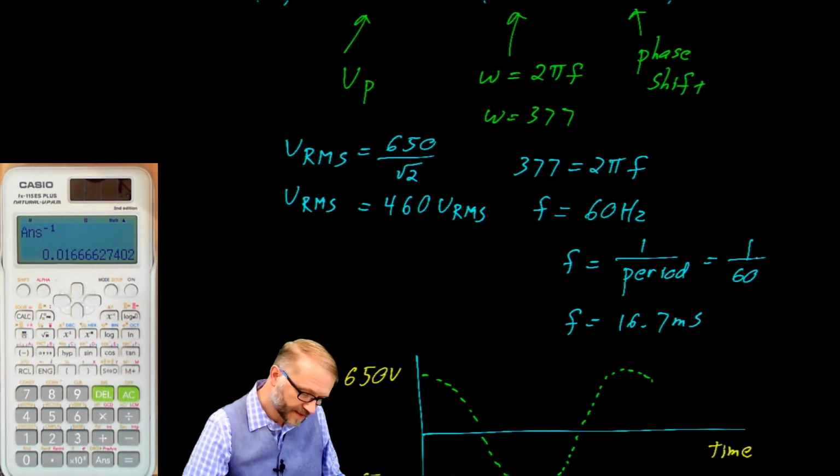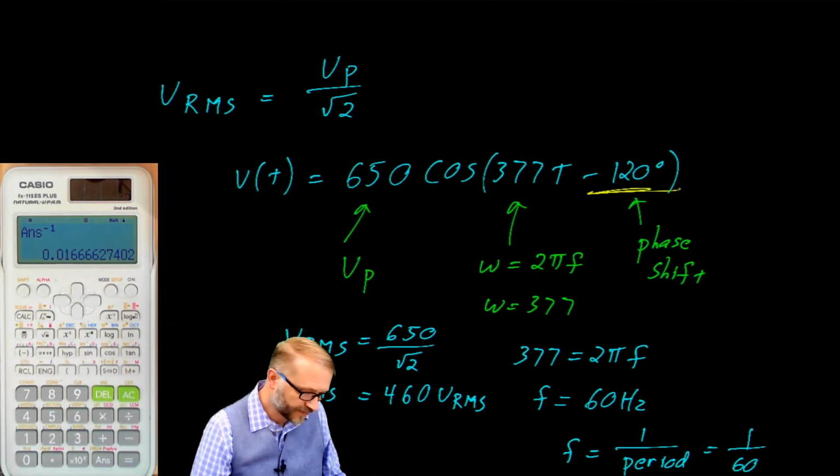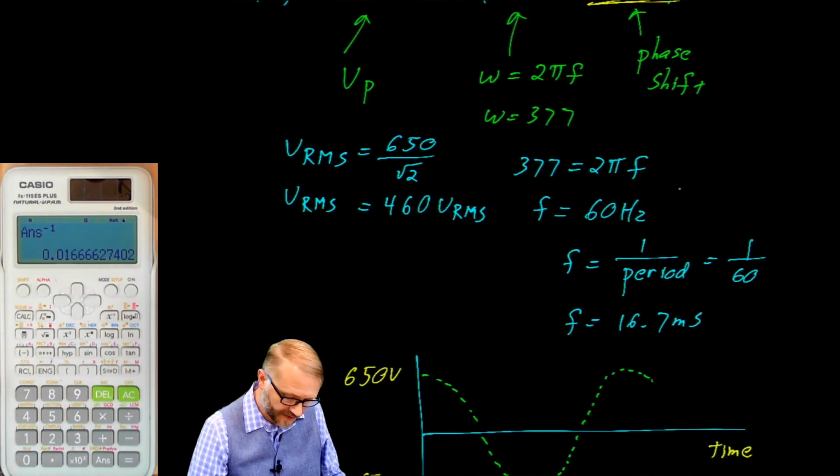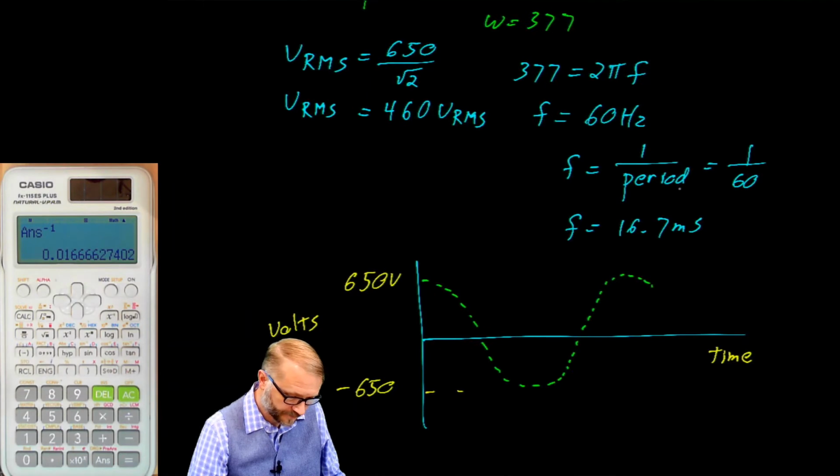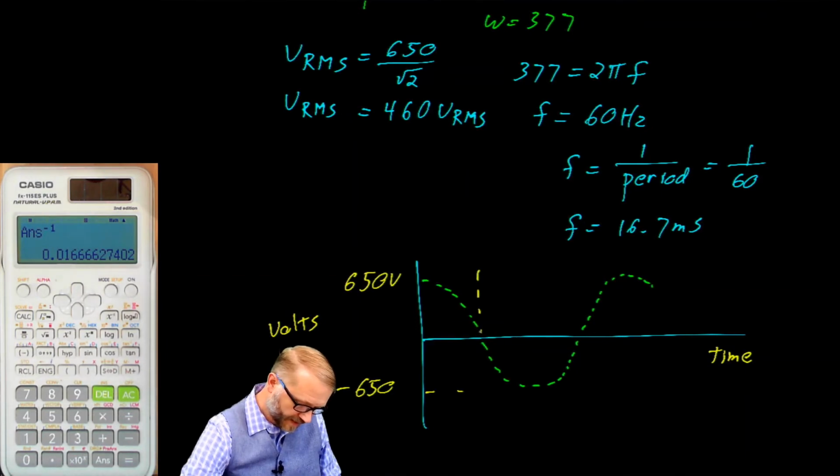However, that's not exactly the waveform we wanted because our waveform had a phase shift of 120 degrees. And it's 120 degrees late. Let's see if we can figure that out. This point right here is 90 degrees. And this point is 180 degrees. So 120 degrees must occur about here.